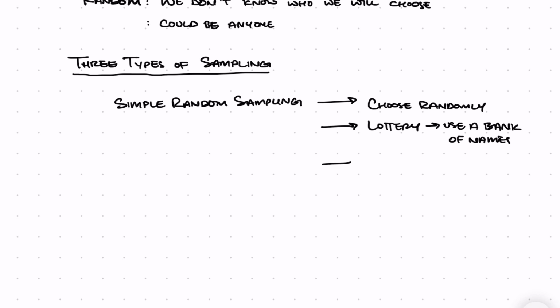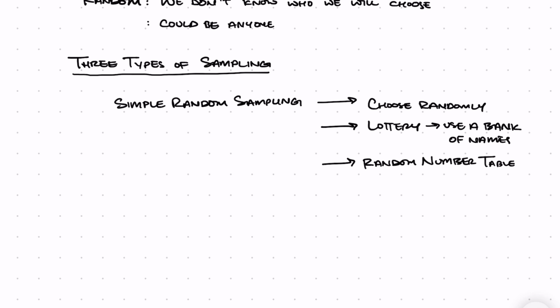Another option that the book gives you, and you could see a good example of it there, is a random number table. I would suggest that you check the book out, but what they do is they have a list of random numbers, and then you circle numbers.